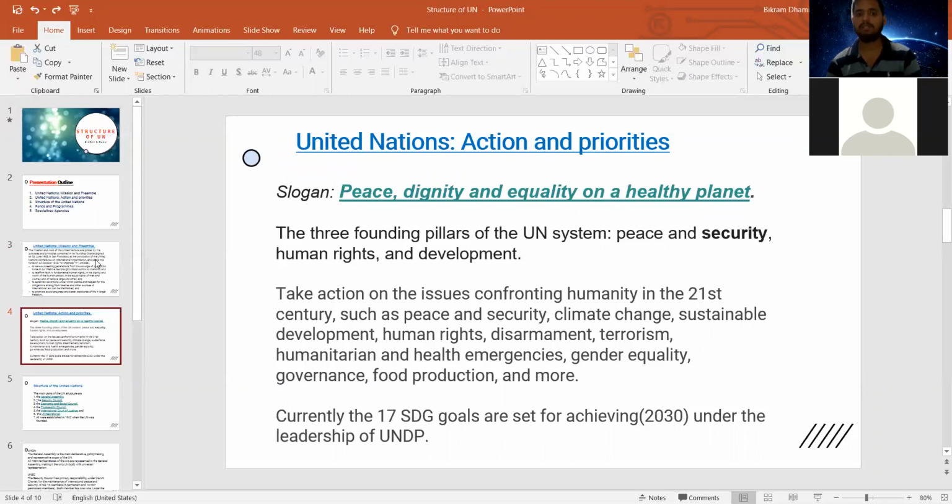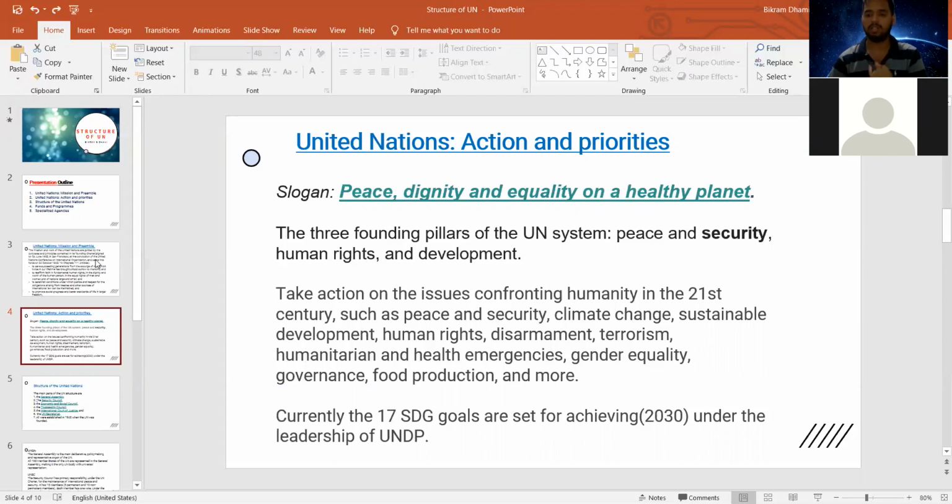There are mainly three pillars, just like while building a house, we need pillars to support it and strengthen its physical infrastructure. Likewise, the United Nations is supported by three pillars known as security, human rights, and development.